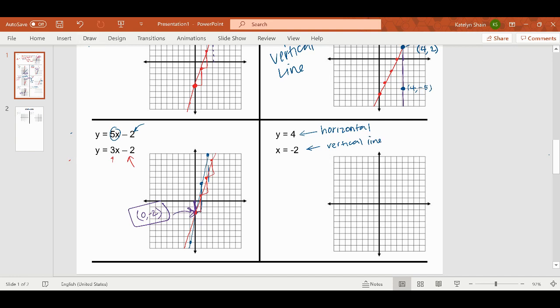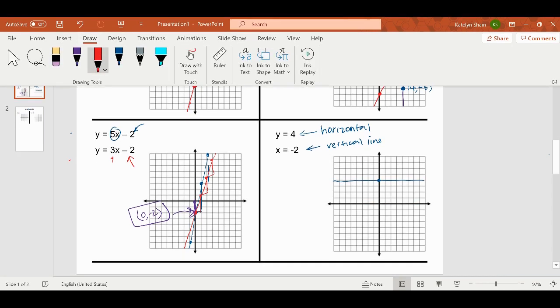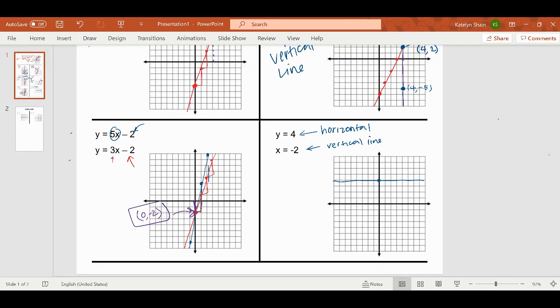All right, so looking at my first one here, I have no growth, but I do have a y-intercept at 4. So I know that I have a horizontal line right at y equals 4. Now my second line here is also a straight line, but this one is vertical, at x equals negative 2.